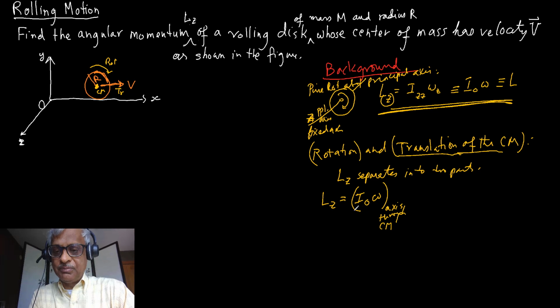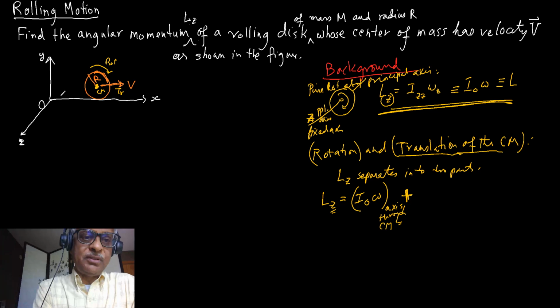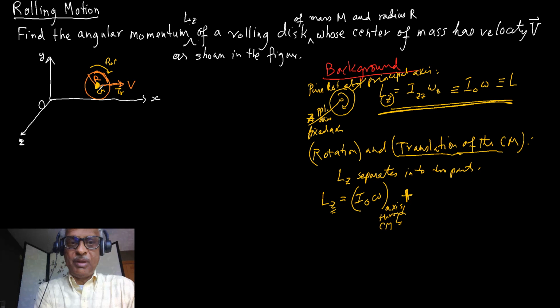The z-axis is going through the center of mass. Plus, what you have is as if the entire mass was a point particle placed over there with a velocity v.